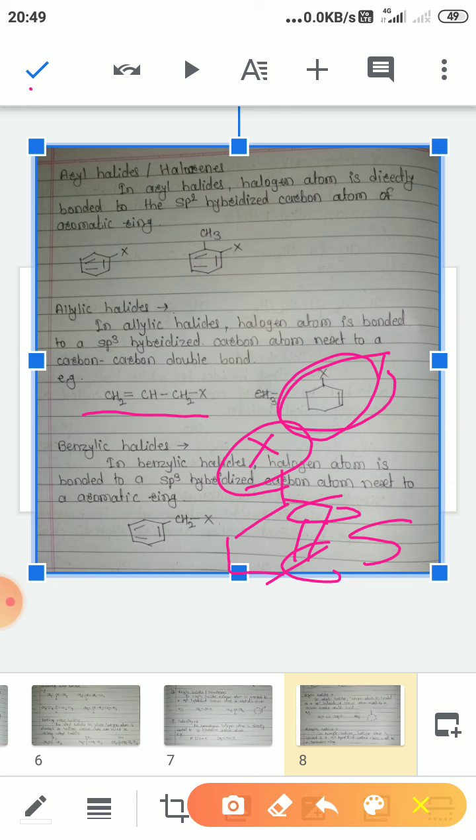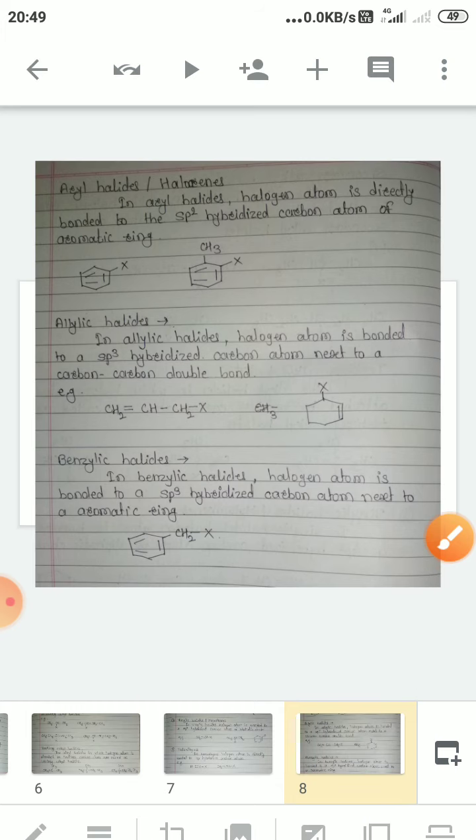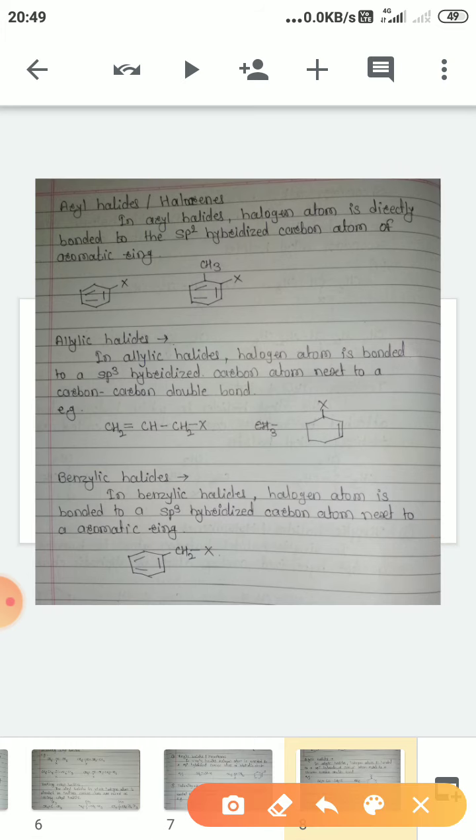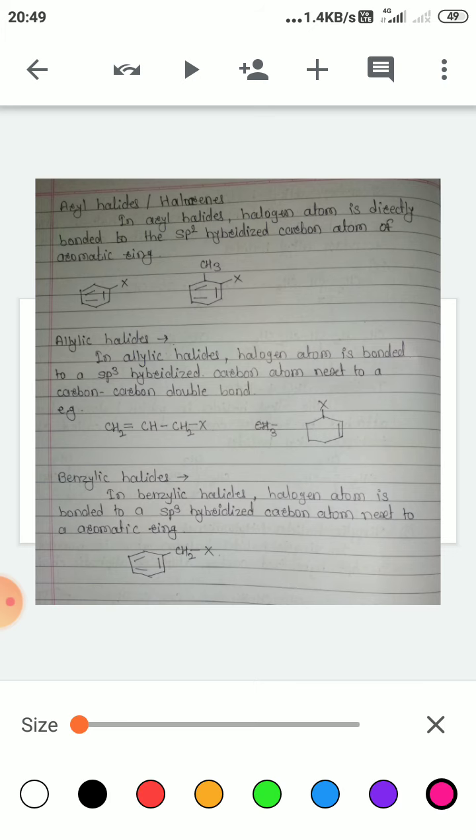Okay, now next one is benzylic halides. Now in benzylic halides, the halogen atom is attached or bonded to an sp3 hybridized carbon atom next to the aromatic ring.